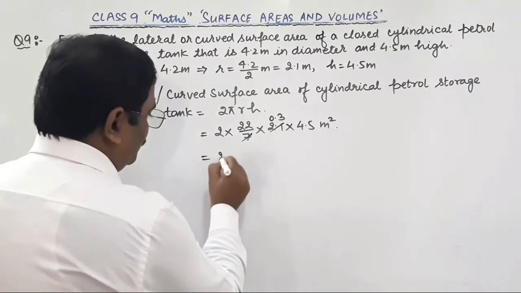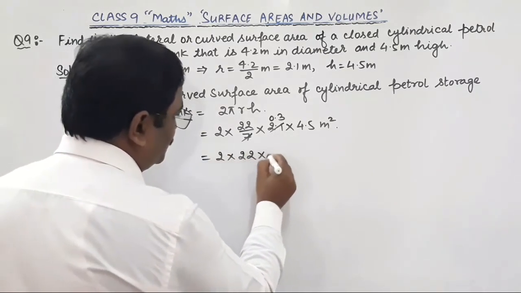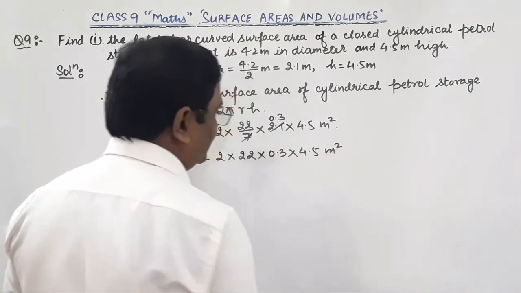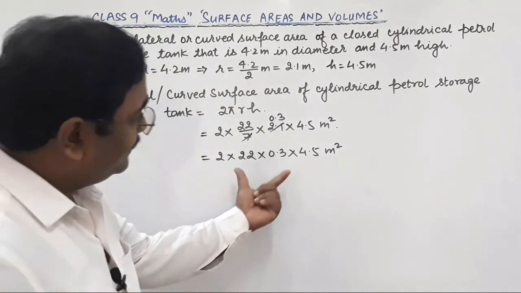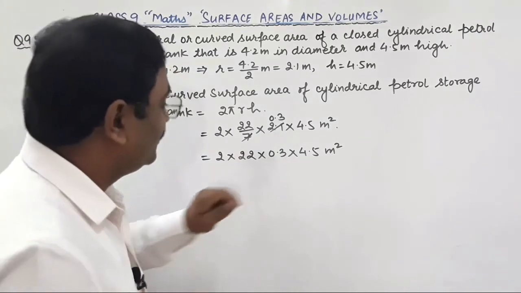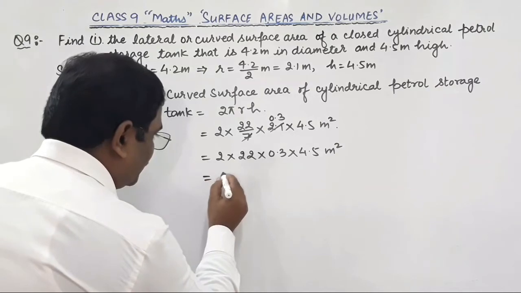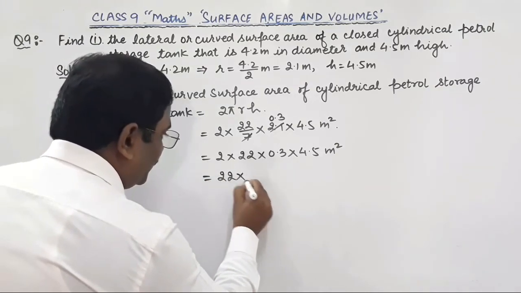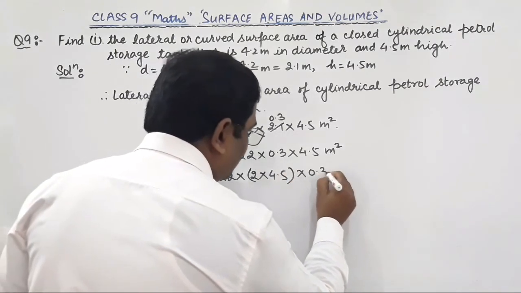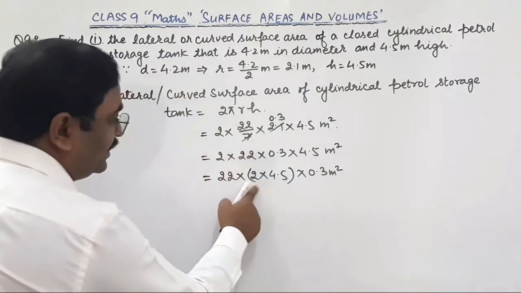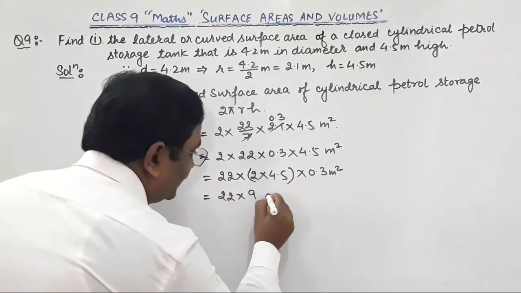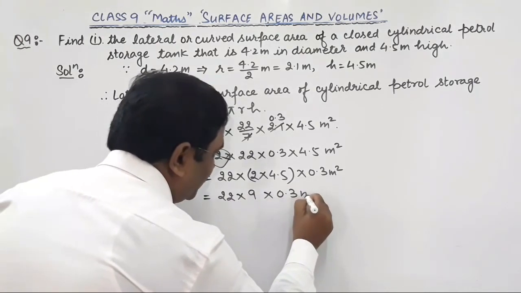Now we got 2 into 22 into 0.3 multiplied by 4.5 meter square. So we need to multiply 2 into 4.5, which is 9. So 22 multiplied by 9 multiplied by 0.3 meter square.